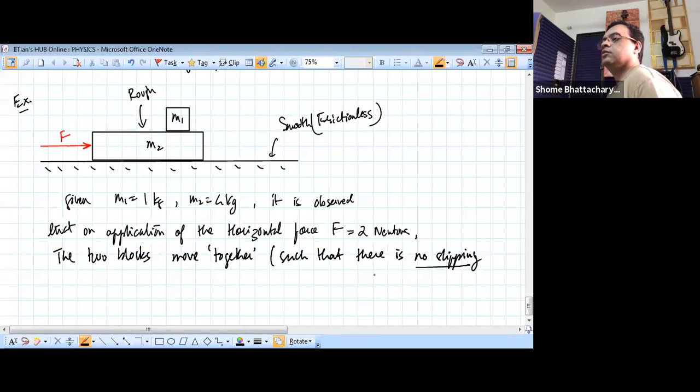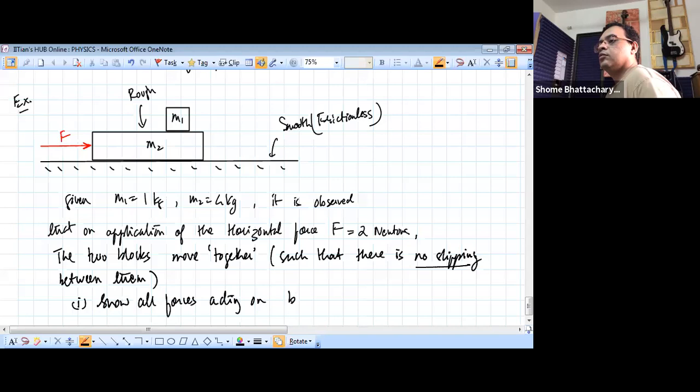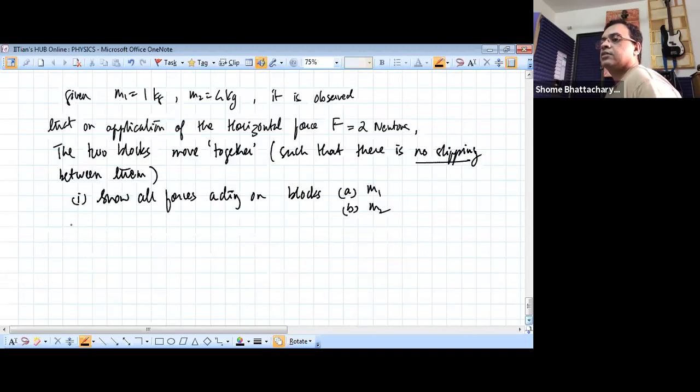There is no slipping between them. So again, show all forces acting on blocks M1 and M2 separately and find their accelerations.